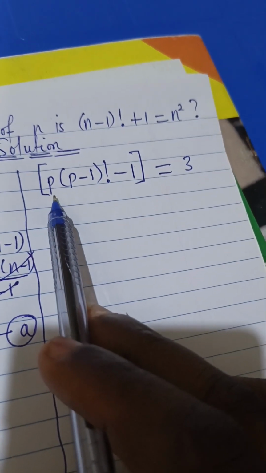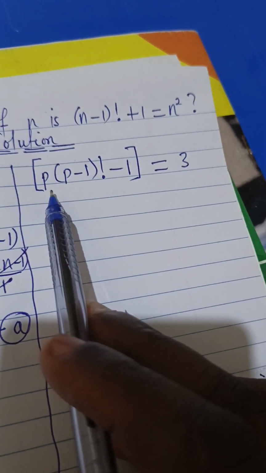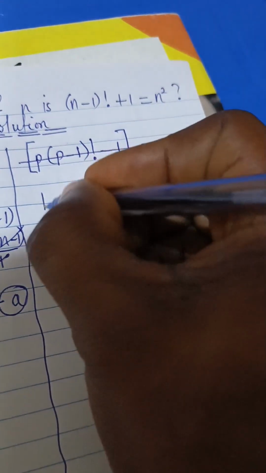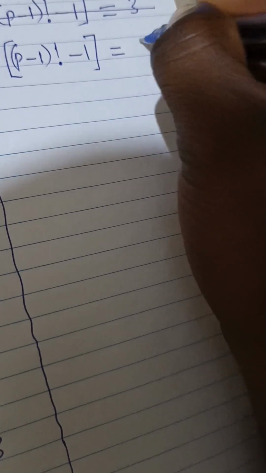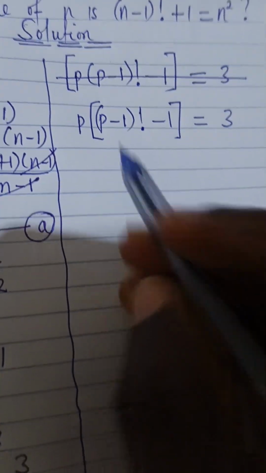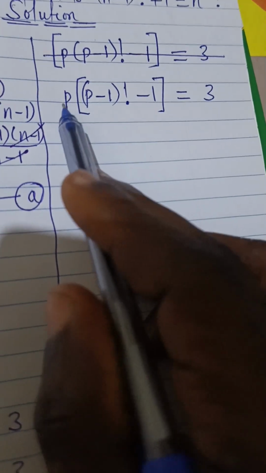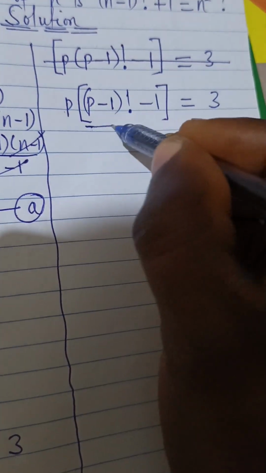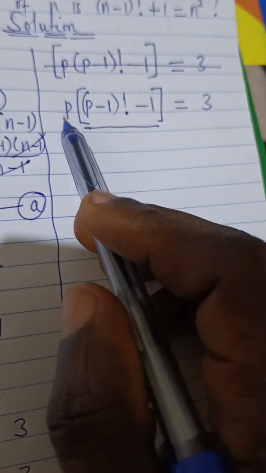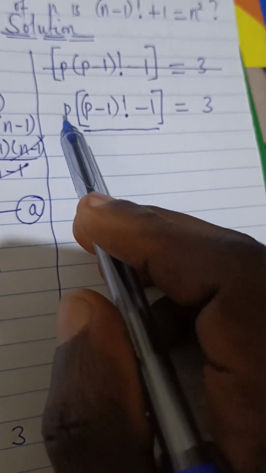What I'm trying to say is that the expression is p outside, p minus 1 all factorial, then minus 1. Yes, that's how it's supposed to be. Sorry for that. Now, this whole thing is one expression because they are together in a bracket, and this is also another expression, so they are multiplying.